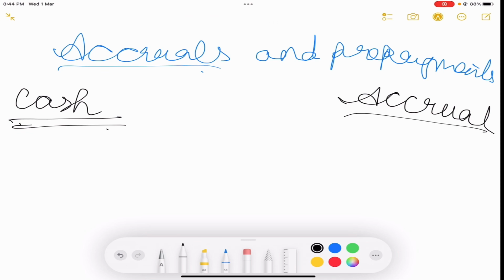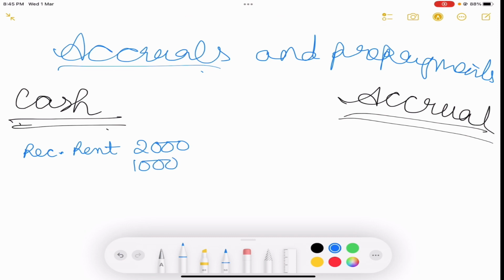And what was accrual? Accrual meant that exactly what is the actual profit or loss, the actual transaction of this year, only that we will be recording. So that was the difference between cash and accrual. If you go into the detail of it, for example, let's say I am receiving rent of 2000, out of which 1000 is of next year.